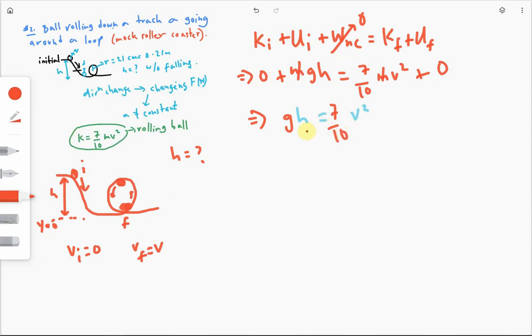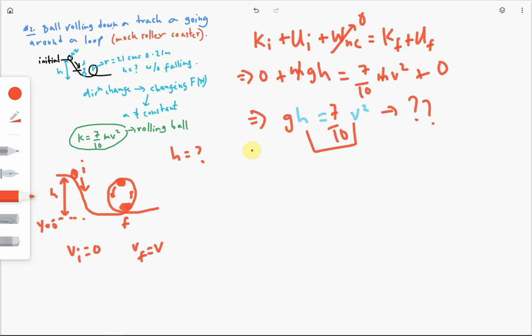So we have two unknowns, h and v, but one equation, so this would seem not to work. However, we know that the equation is correct, because the work energy theorem always works.